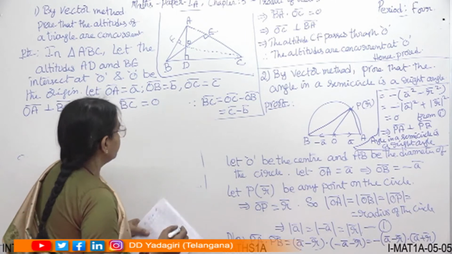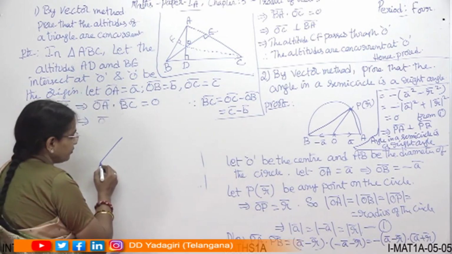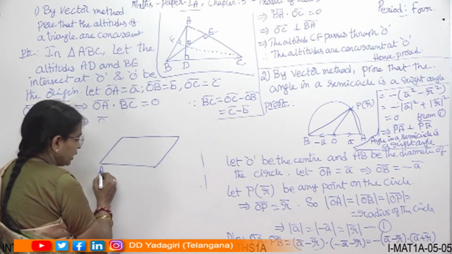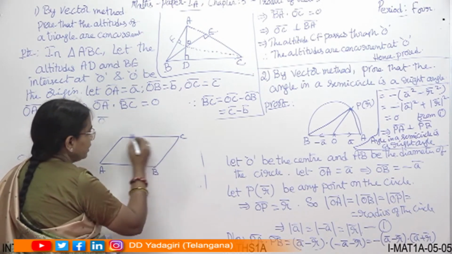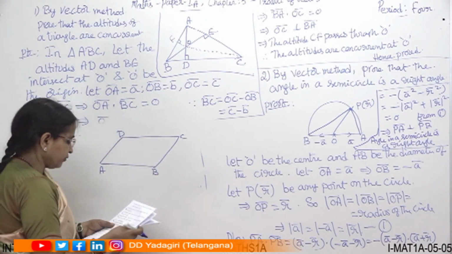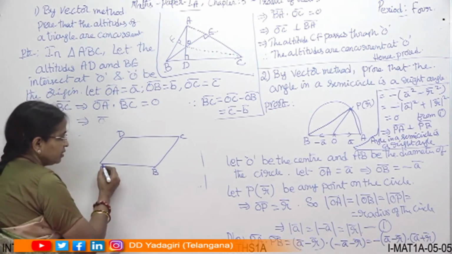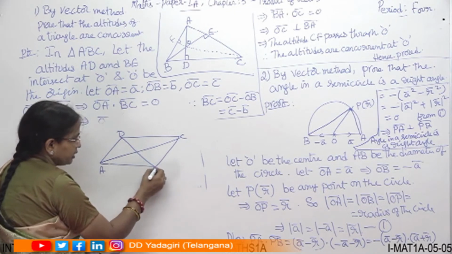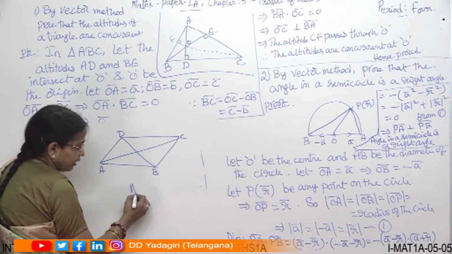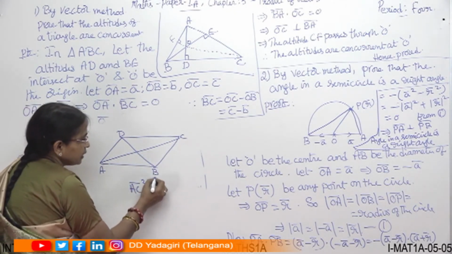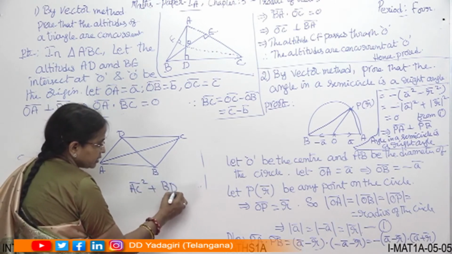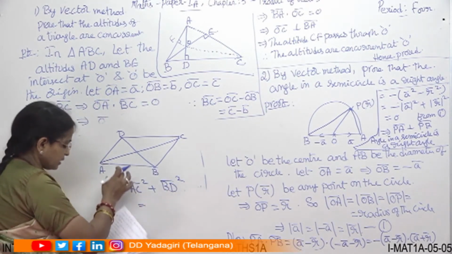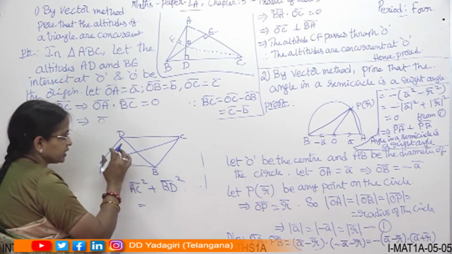In a parallelogram, prove that the sum of the squares of the lengths of the diagonals, that means AC square plus BD square, is equal to the sum of the squares of the lengths of its sides.